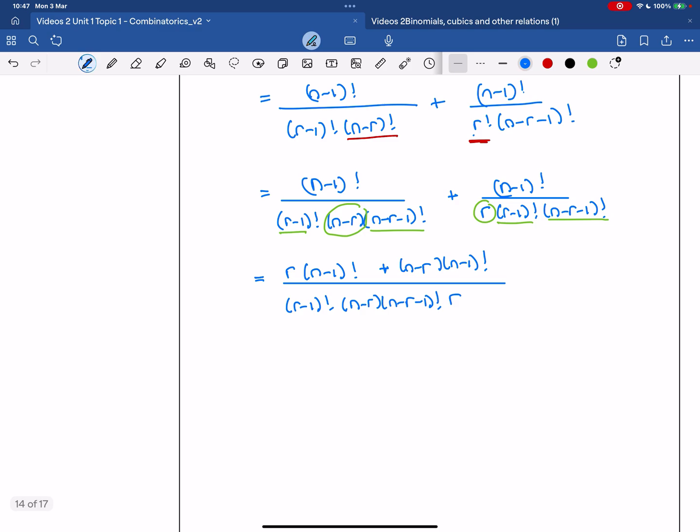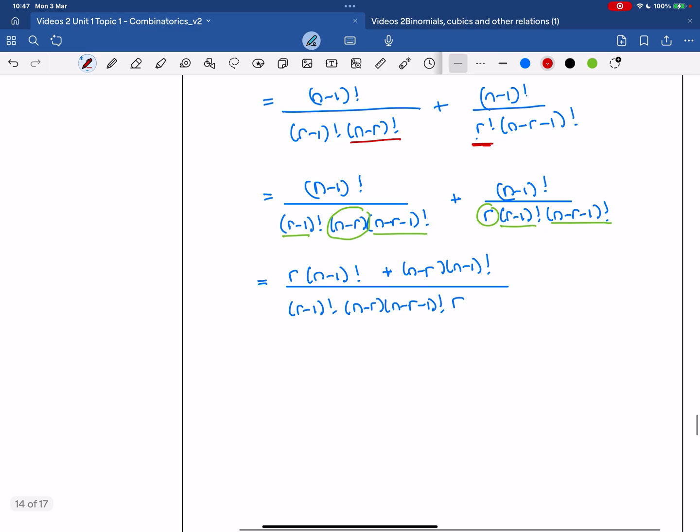And we know, now it can get a bit messy, we know that n minus r times n minus r minus 1 factorial is just the same as n minus r factorial. And r times r minus 1 factorial is going to be just my r factorial.